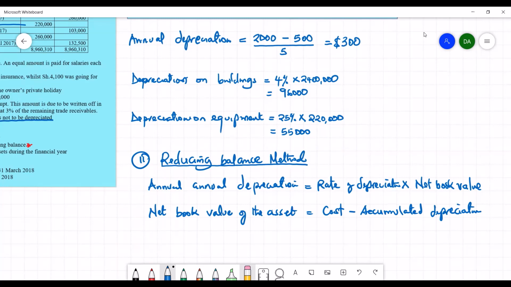That therefore means that if we want to determine depreciation using the reducing balance method, then the annual depreciation is equal to the rate of depreciation, which is a percentage, times the cost of the asset minus accumulated depreciation.